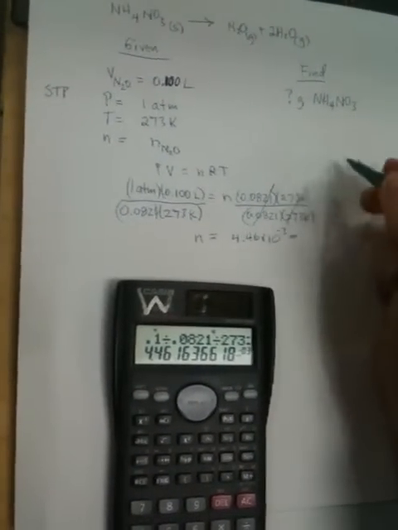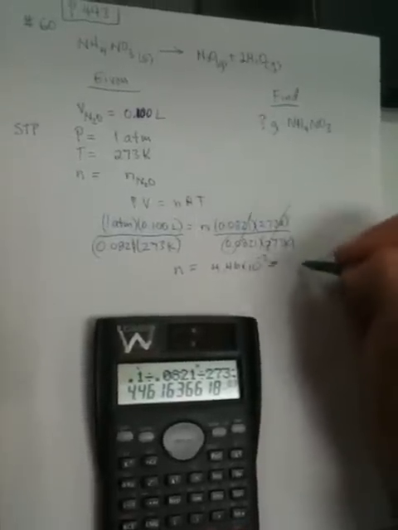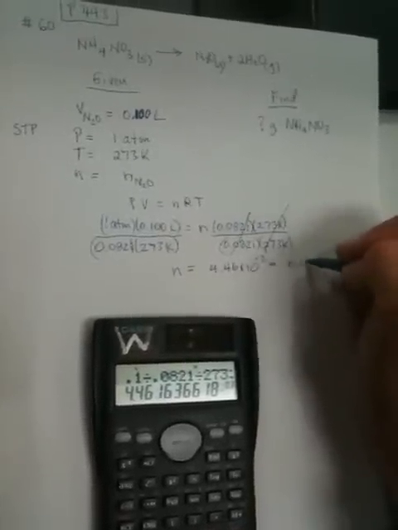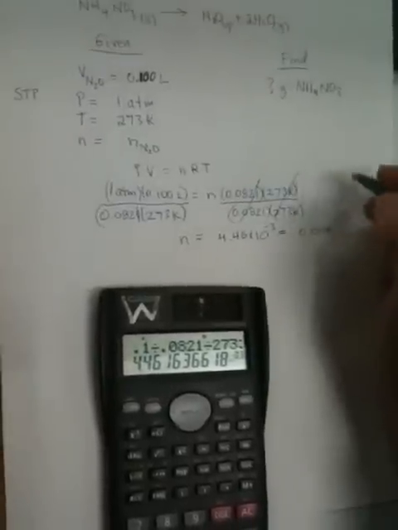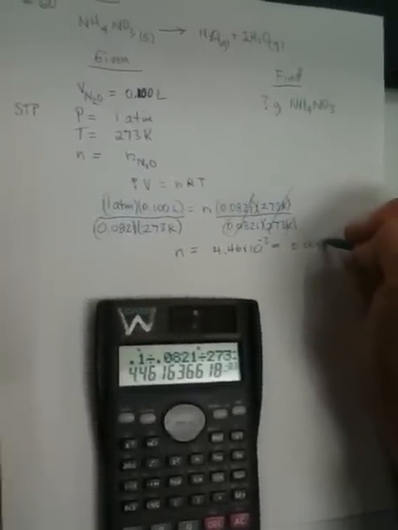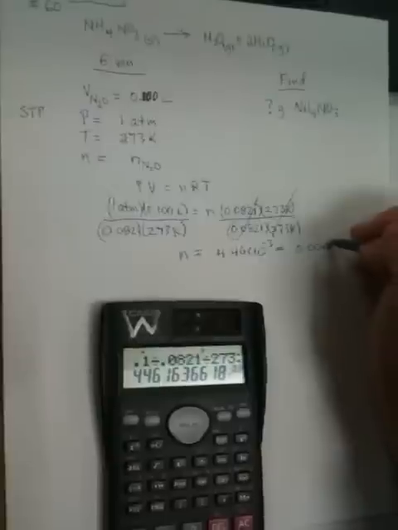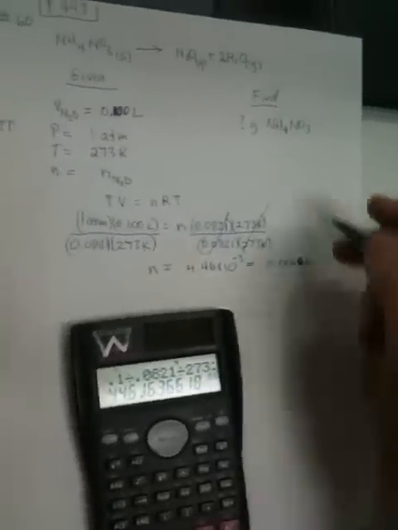Let's put that into decimal form. It'll make our next calculation easier. So this is 0.00446, and that's going to be moles.